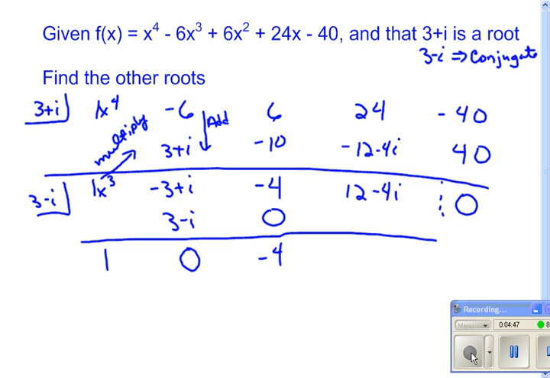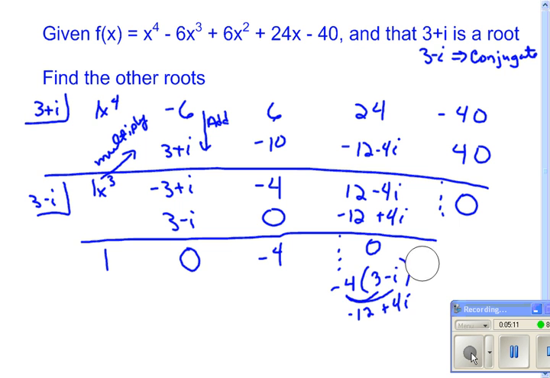To get back up, you multiply. If you take -4 times the quantity 3 minus i, you get -12 and then plus 4i because you are distributing, so -12 plus 4i. When you add those together, you get 0.